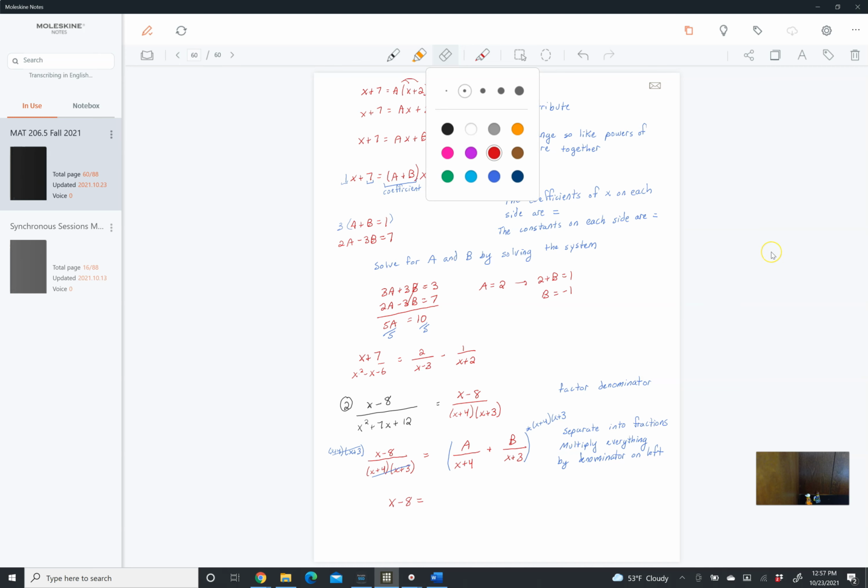On the right, when we multiply this by x plus 4 times x plus 3, the x plus 4 cancels, so we're just left with A times x plus 3. And for the second one, the x plus 3 is going to cancel, so we're left with B times x plus 4.